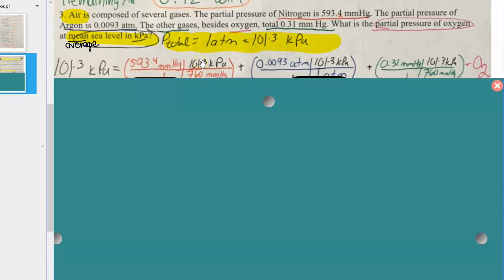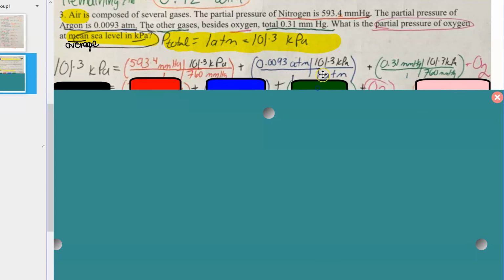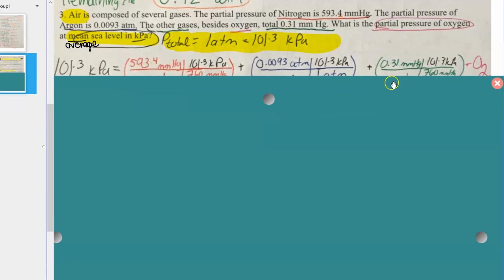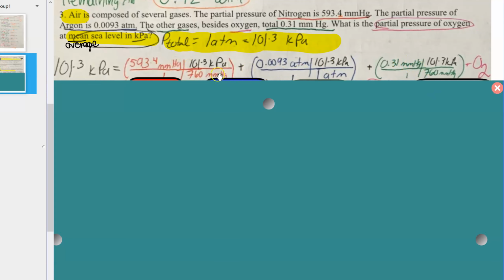I want you to write that down. Then for my argon, I got 0.0093 atmospheres. My conversion factor on that one is 1 atmosphere to 101.3 kPa. And then for my other gases, I got 0.31 millimeters of mercury. That conversion factor, just like over here, 760 to 101.3.